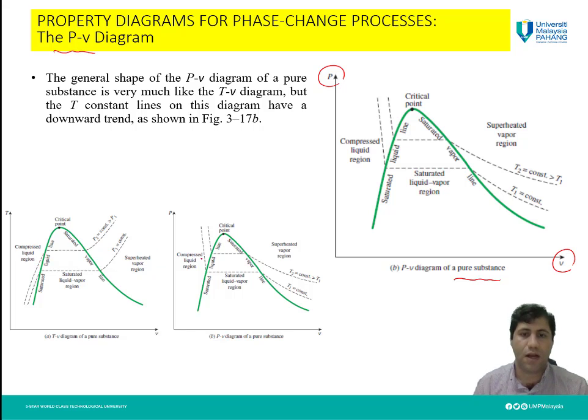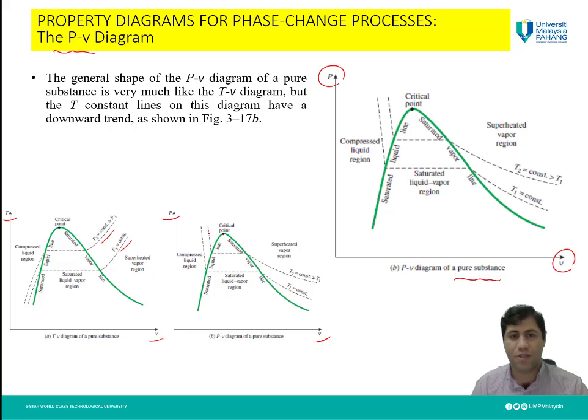Those regions are again identical: compressed liquid region, saturated liquid vapor region, superheated vapor region, saturated liquid line, saturated vapor line, and critical point. Also, we have all of those areas in the PV diagram. This is the TV diagram. If you notice here, the only difference is that this dashed line is for constant pressure, produced for infinite lines which are constant pressure.